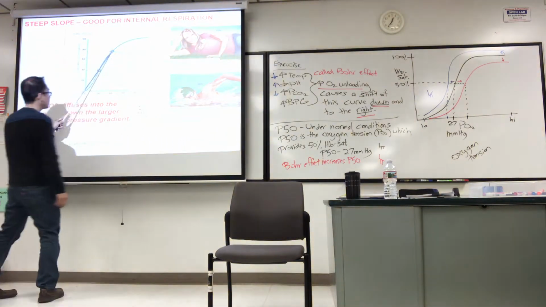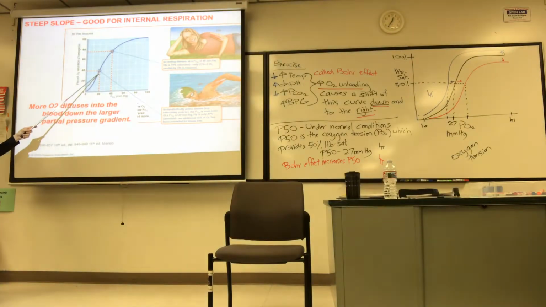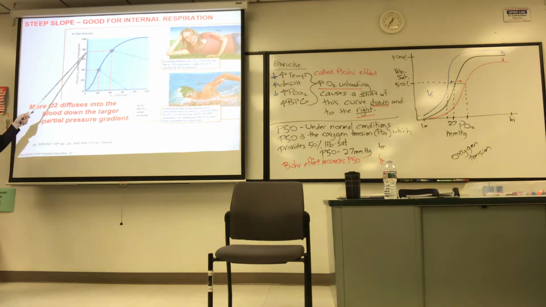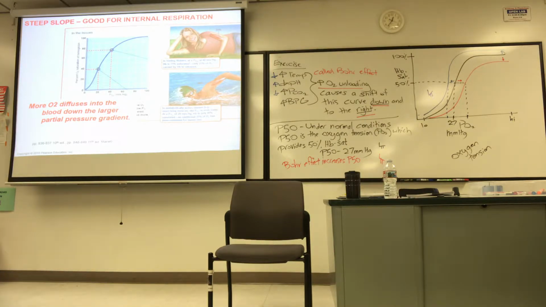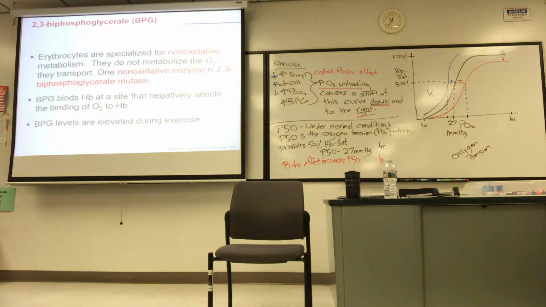But if you're huffing and puffing, you decrease to 20, saturation drops from 75 to 40. So you're more likely to drop it off as PO2 drops when you're within the steep slope range. So just remember, the steep slope is good for the internal respiration.